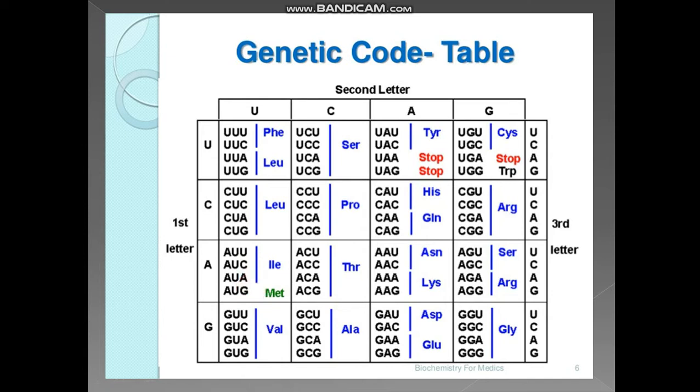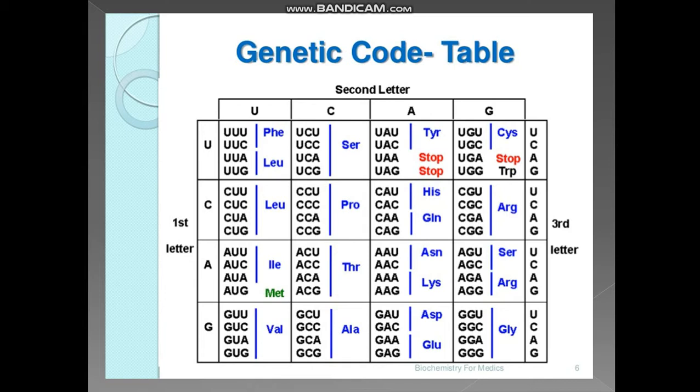Now, the important genetic codes which I wanted to tell you. The first important genetic code is AUG. You can see here it is mentioned in green. It is AUG, and this is unique because this gives the signal to the ribosome to start the protein synthesis process, to start the translation process, to be specific.